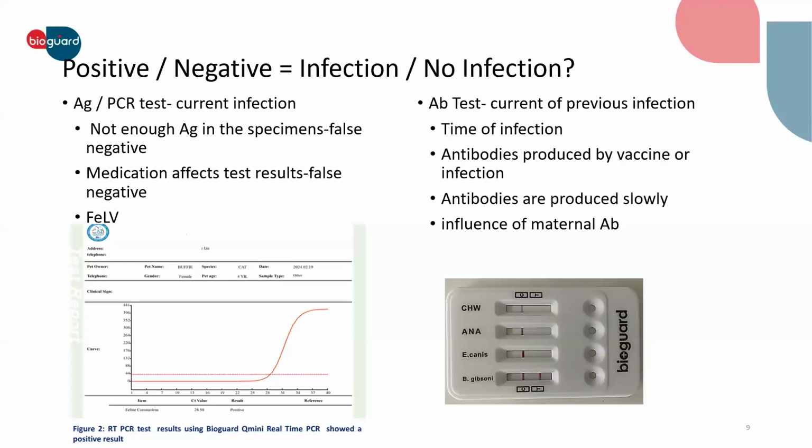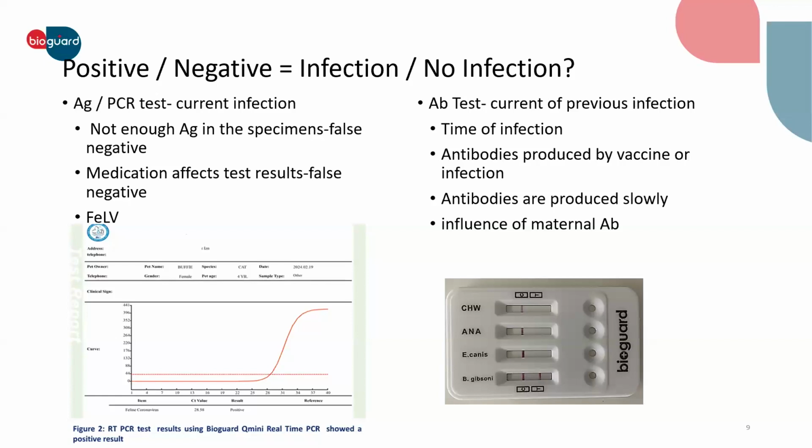For antigen or PCR tests, as we mentioned in the previous slide, they represent the current or active infection. Sometimes there may be a false negative, because in the very early stage or very late stage, if there's not enough antigen in the specimen, it will produce a false negative result.